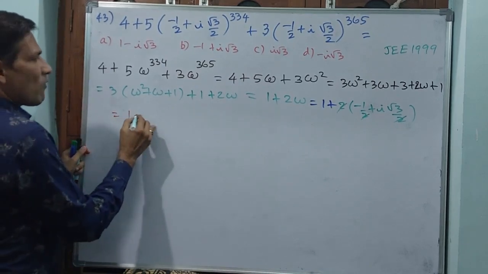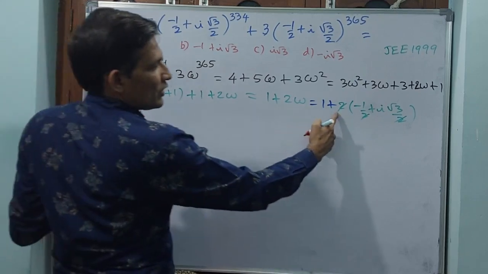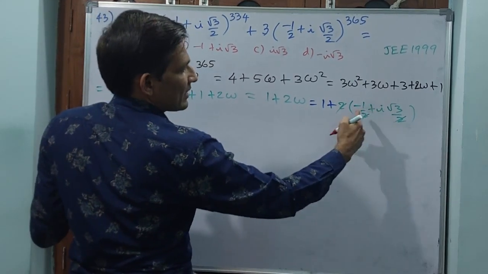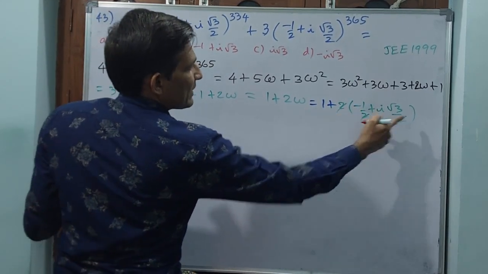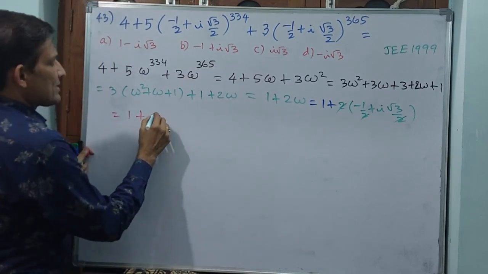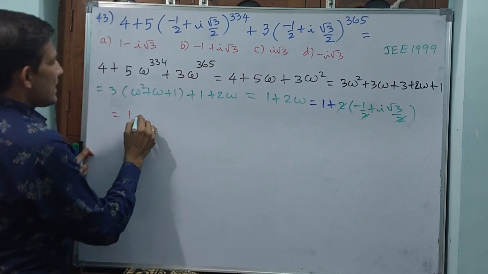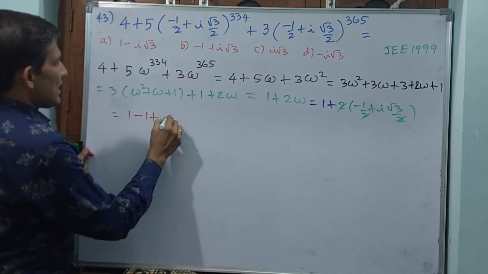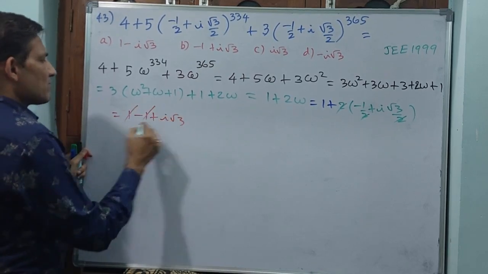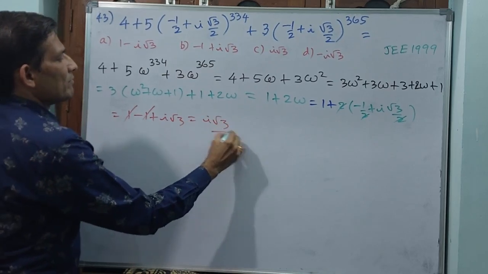That is equal to 1 plus, you see, the 2 got cancelled already, 1 plus minus 1 plus I root 3. Minus 1 plus 1 got cancelled. I root 3.